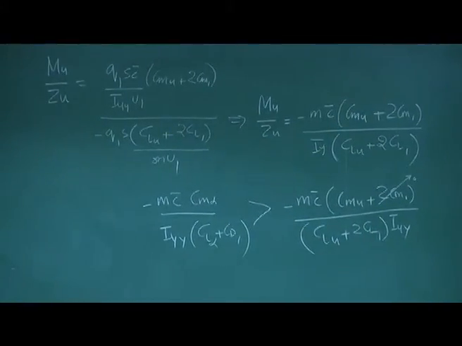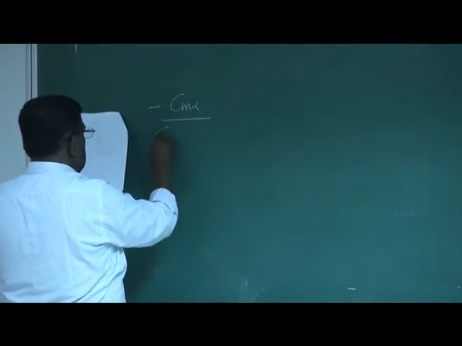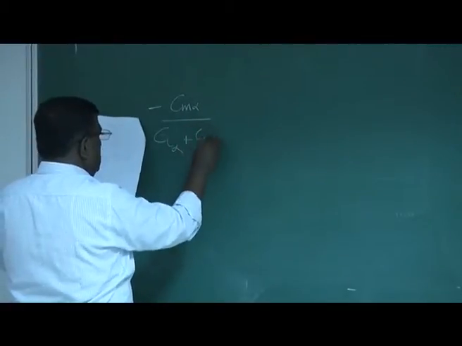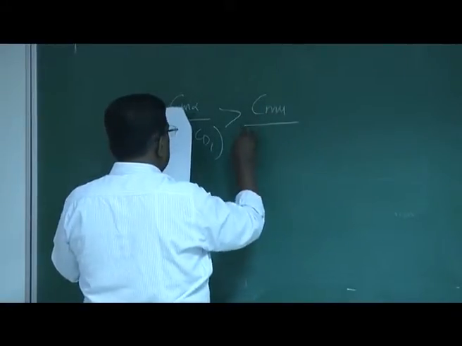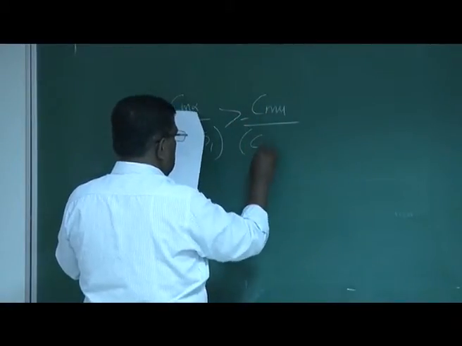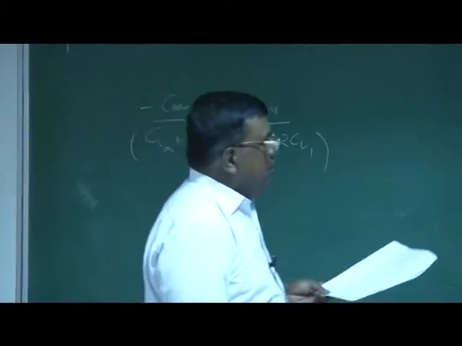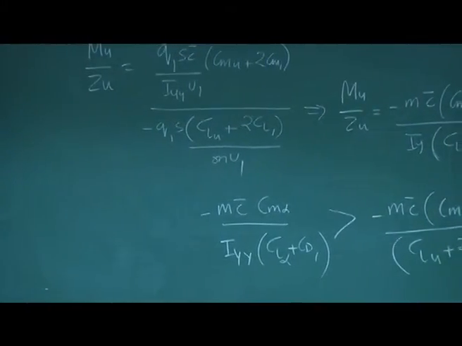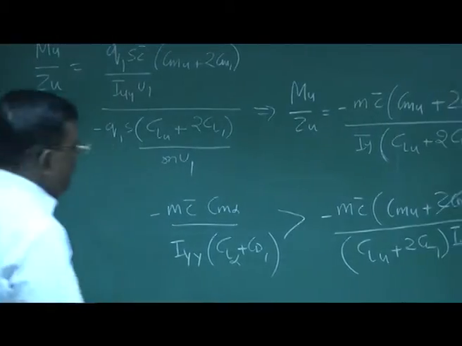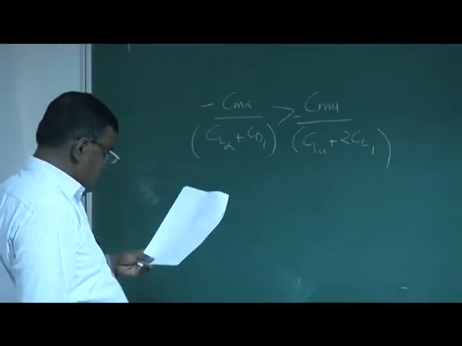If I further simplify this, I'll get minus Cm alpha by CL alpha plus CD1 is greater than minus Cmu by CLu plus 2 CL1. You could see here, the m gets cancelled, the c gets cancelled, Iyy gets cancelled, Cm1 is 0. So this is nothing but Cmu. Okay, so that is what is prevailing here.